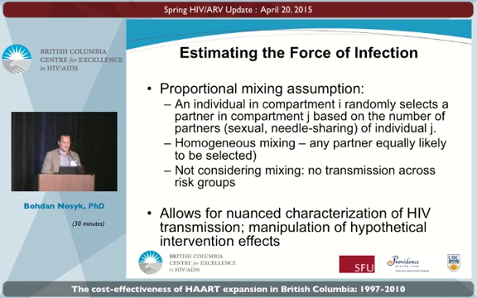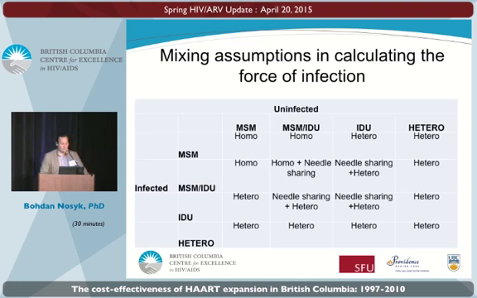So this really allows for a nuanced characterization of HIV transmission. It basically allows us to be more realistic about how transmission is actually happening. And within each of these 4 strata, you could transmit to another group based on either homosexual contact, heterosexual contact, or injection drug use.